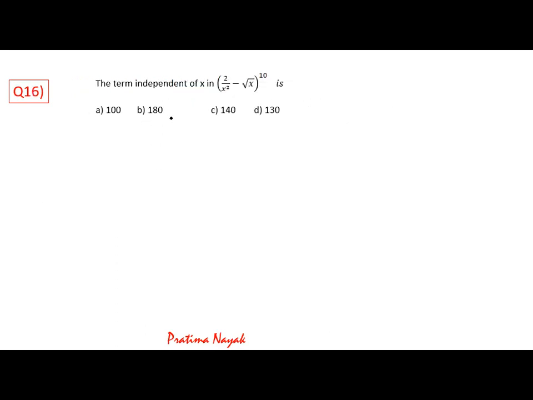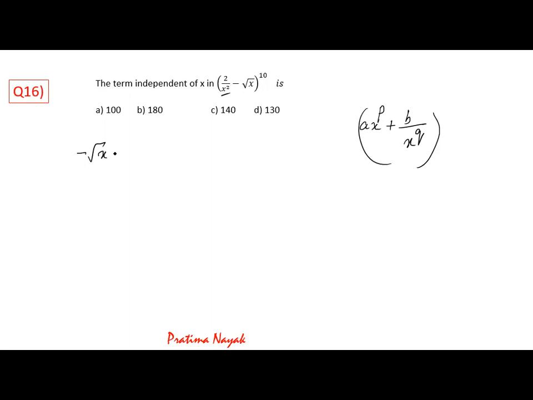Now taking another question, the term independent of x, with options 100, 180, 140, 130. If you see, this question is not in the form a x to the power p plus b by x to the power q. It is not in the form because first there is x cube in the first term. So no problem, you can change it.